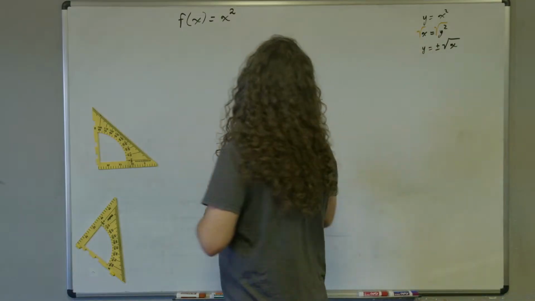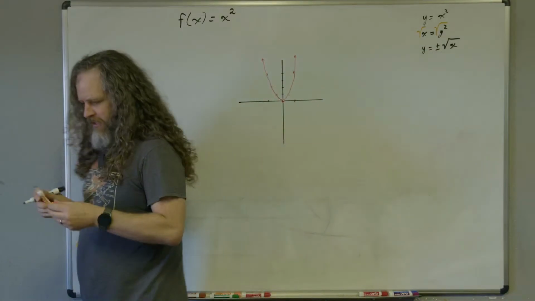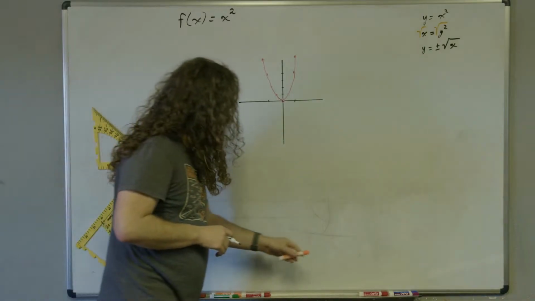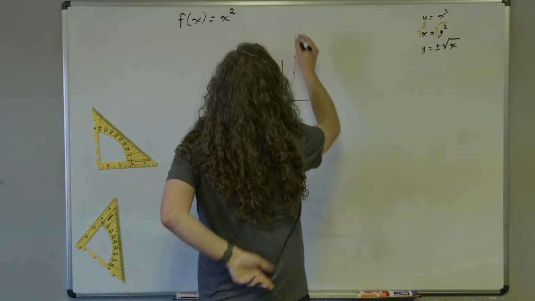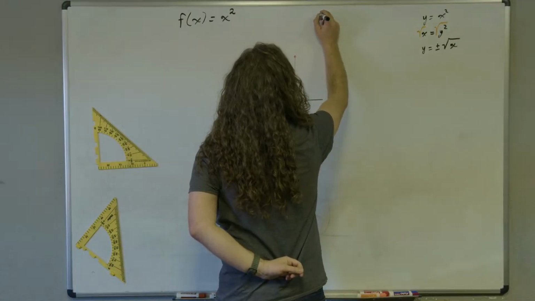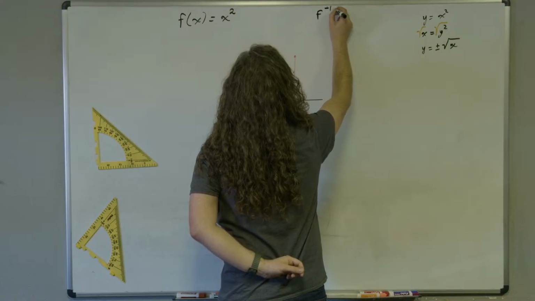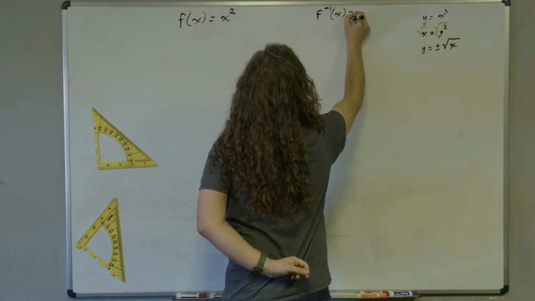That is the inverse. Now, the notation for an inverse is f inverse of x.